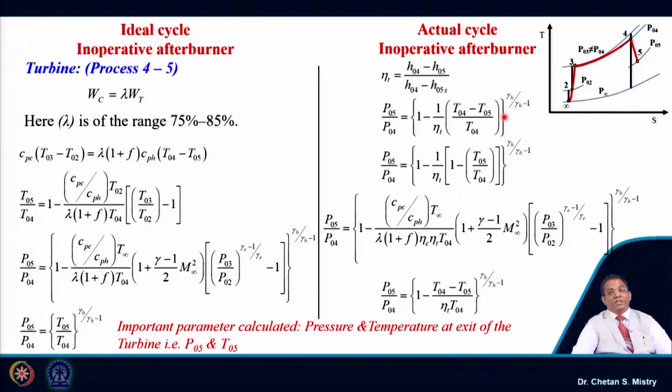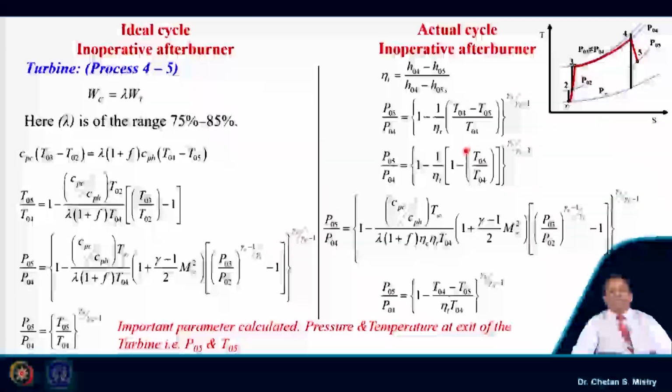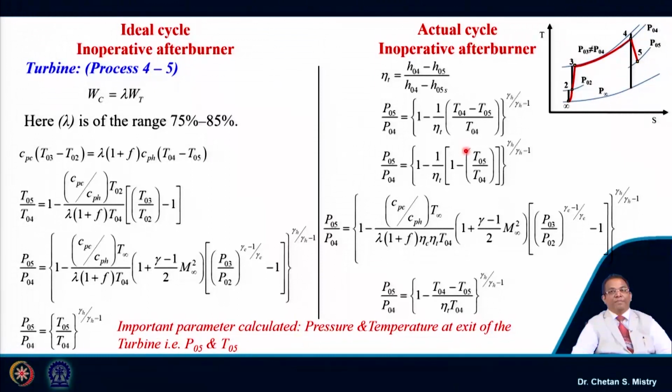Mainly, Cp is a function of my temperature. Since my temperature is more than 1000 Kelvin, this process will lead to a drastic change in the value of Cp, and because of that change in Cp, my gamma value will change.